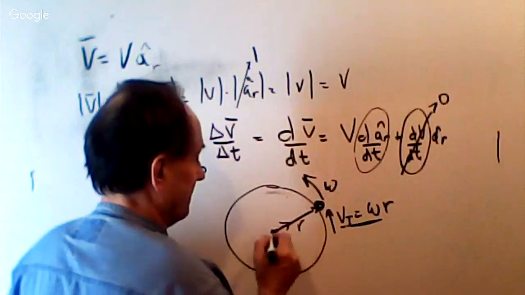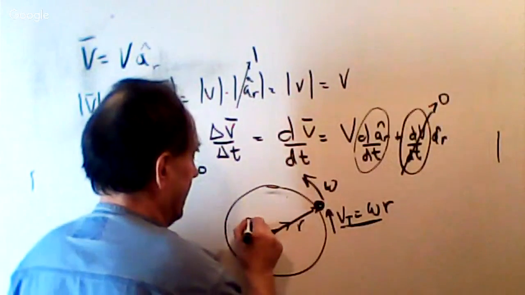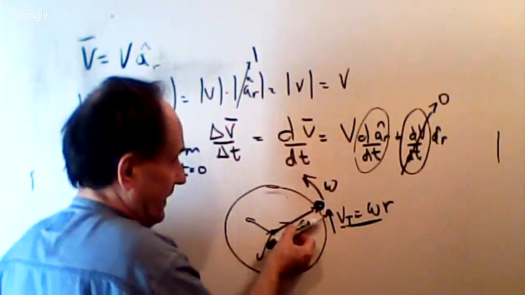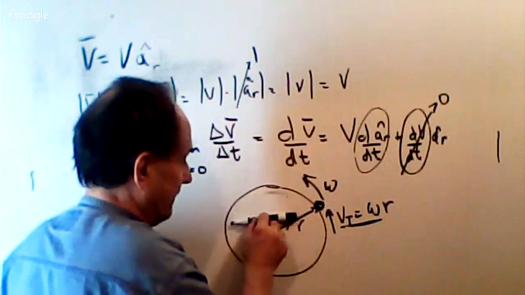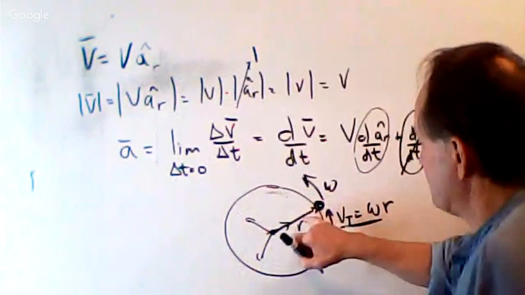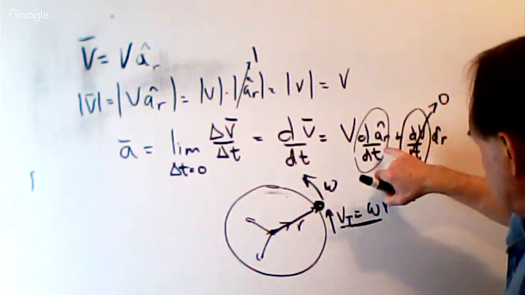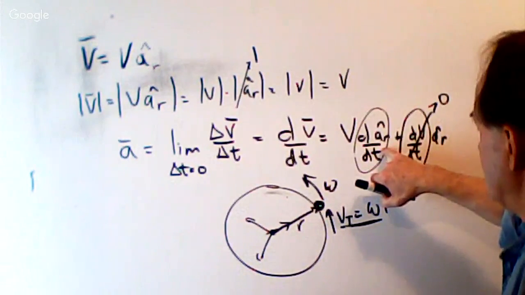In one case, the position vector is out this way. Another instant of time, it's pointing in that direction. Another one, it's pointing that direction. This position vector keeps track of the position of the rock as it goes around the circle. So its position is changing with time. And that's what this is telling us right here.